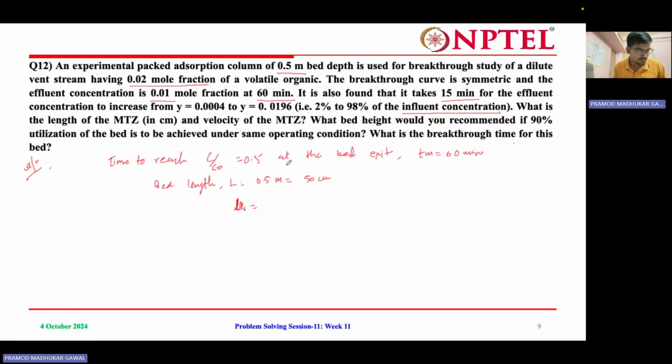U is equal to L by Tm. Here L is 50 centimeters, Tm is 60 minutes. So 0.833 centimeter per minute.